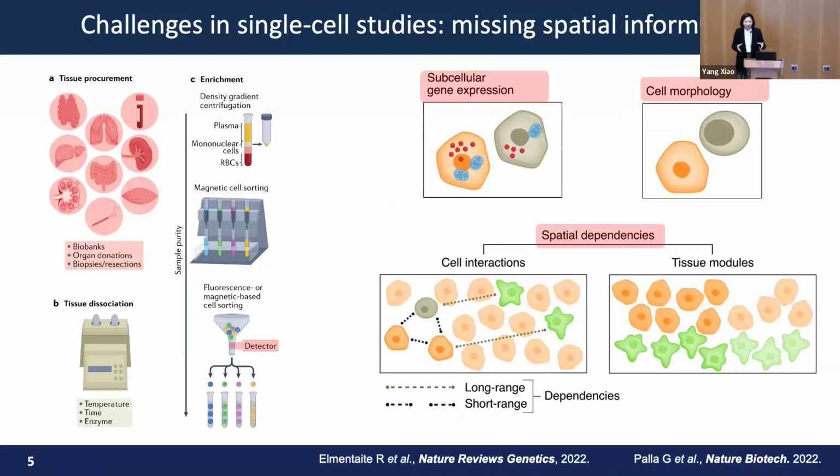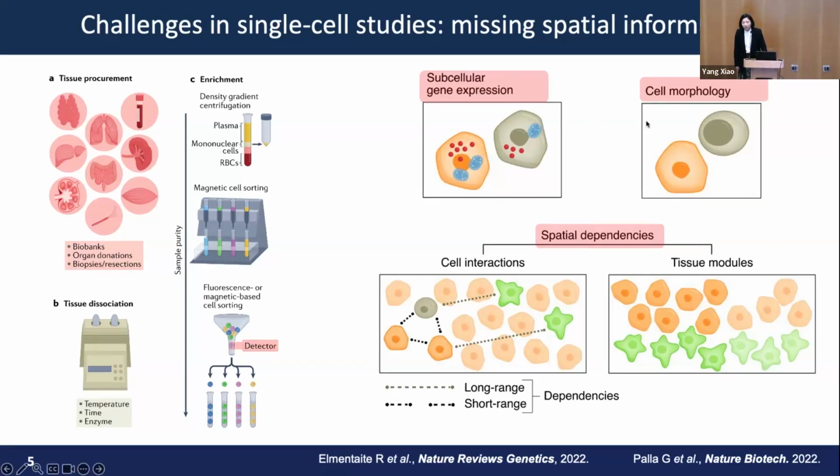For example, in a neuron, the neuron body itself, the nucleus, is probably just 10 microns, but the axon and the dendrites can be millimeters away from the cell body. So during enzymatic dissociation, the majority of the mRNA in the neuron processes, in the dendrites and in the axons, will be lost. And secondly, when people dissociate the cells and process them, the cell morphology will also change. So you will lose the in situ morphology and cell-cell organization in the resulting data.